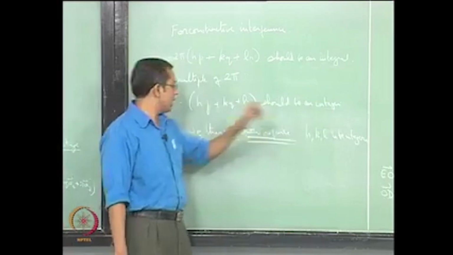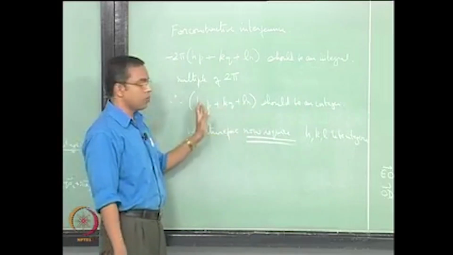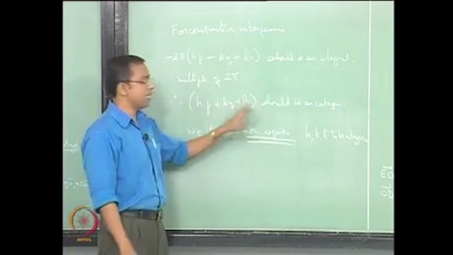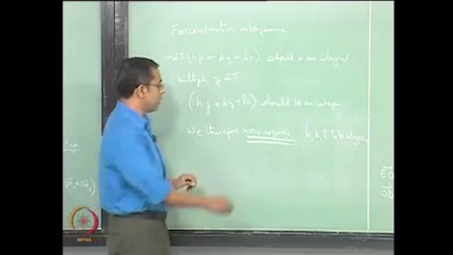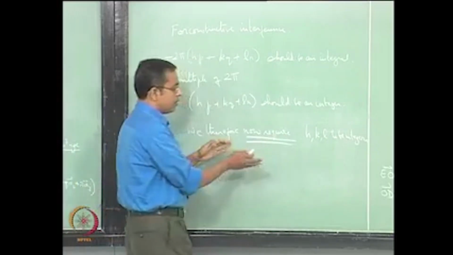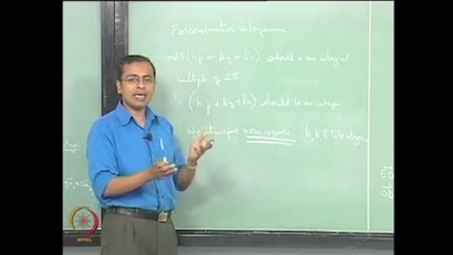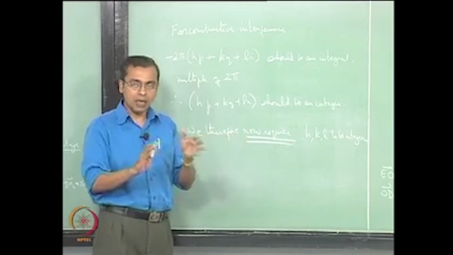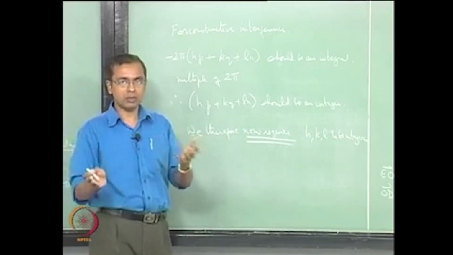For this to be true regardless of the values of P, Q and R, we can guarantee it only if H, K and L are also integers. So H, K and L, which could have been anything earlier on, now have to be integers for constructive interference to occur.